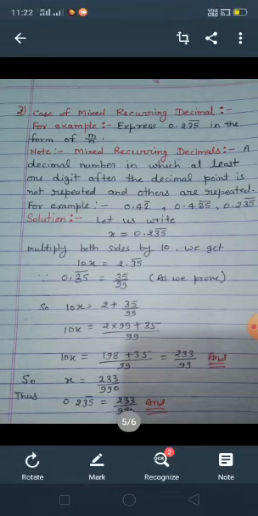A decimal number in which at least one digit after the decimal point is not repeated and the others are repeated. That is a mixed recurring decimal. For example, 0.42 bar, 0.485 with the bar placed on 85, and 0.235 with the bar placed on 35.